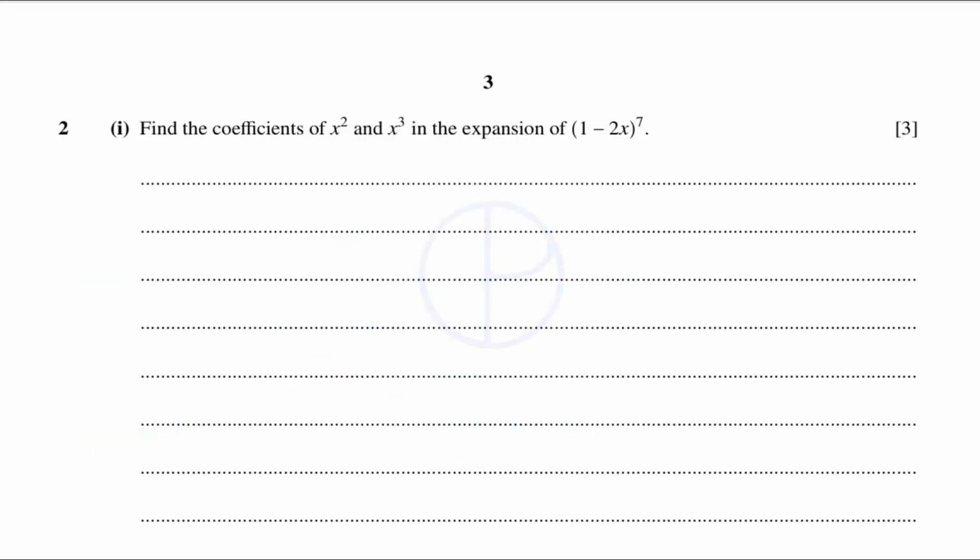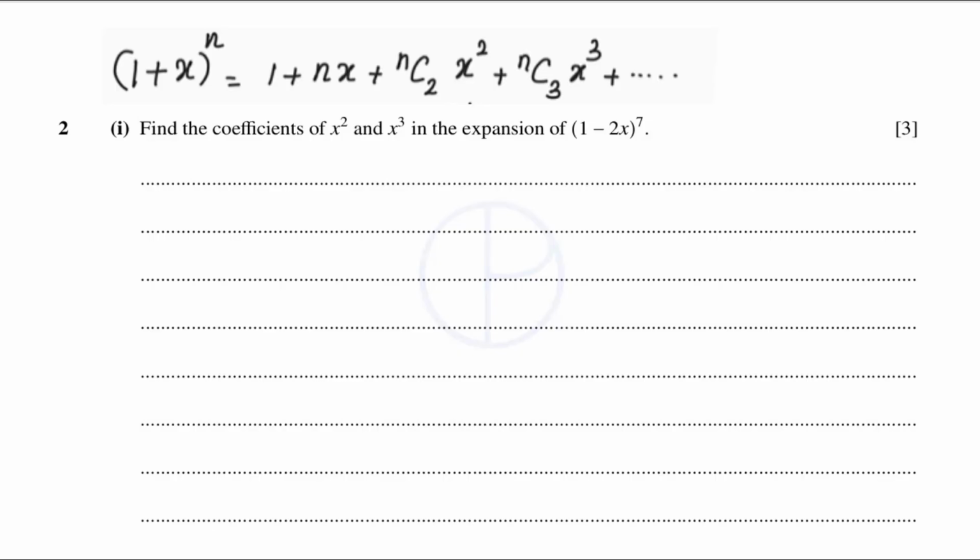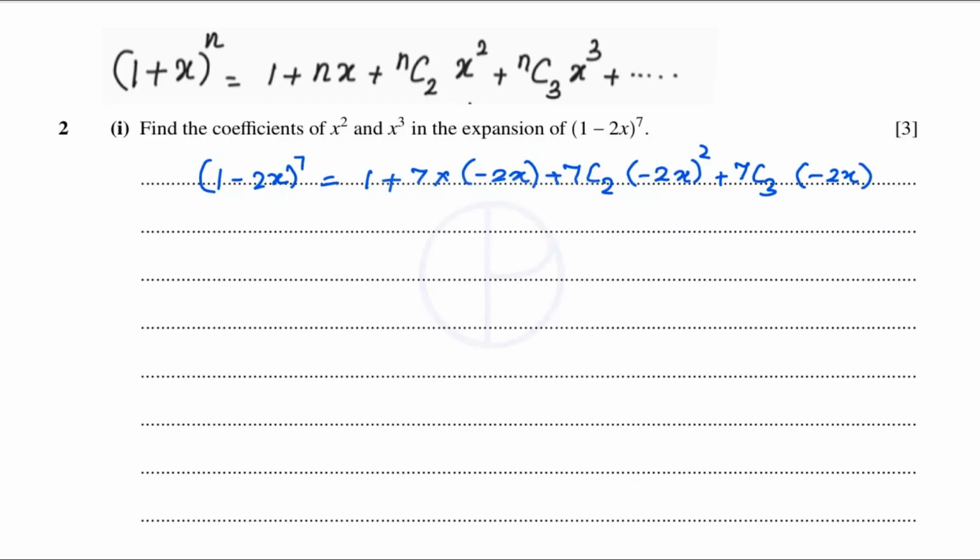The next question is a binomial expansion question, and we need to find the coefficient of x square and x cube. 1 plus x the whole power n is 1 plus nx plus nC2 times x square plus nC3 times x cube, etc. So 1 minus 2x the whole power 7 is 1 plus nx, n is 7, x is minus 2x, plus 7C2 minus 2x the whole square plus 7C3 minus 2x the whole power 3.